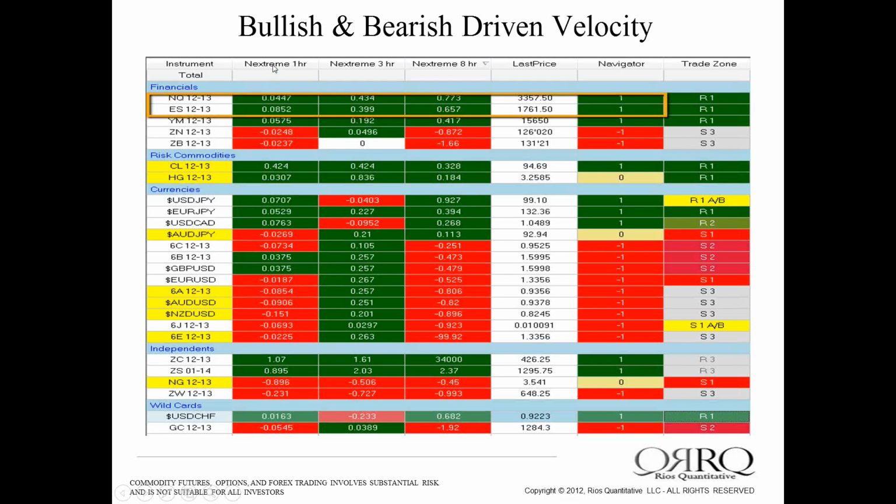So if this is a 1 hour, you have two 30-minute pockets of time that time is rolling in and out of. If it's a 3 hour time segment, it's 6 pockets of time of 30-minute data points. And the 8 hour, of course, is 16.